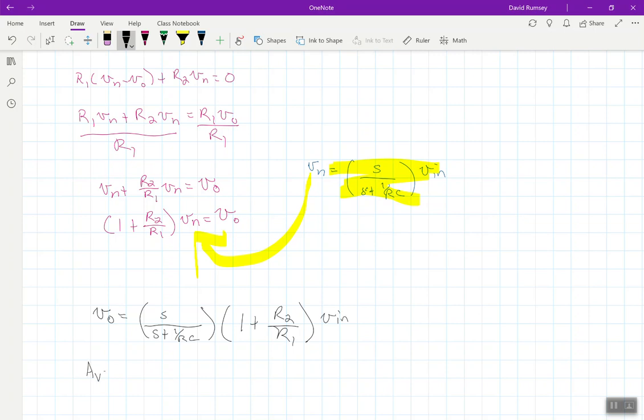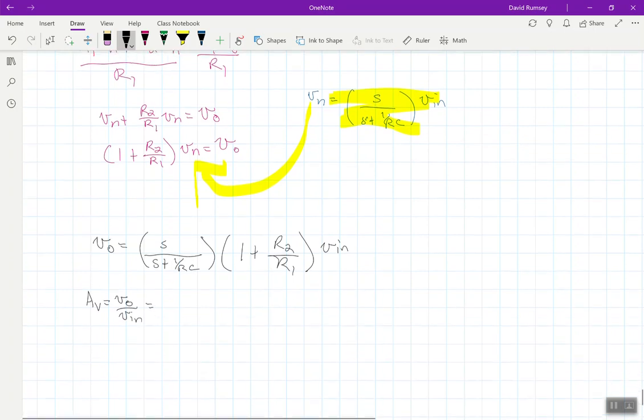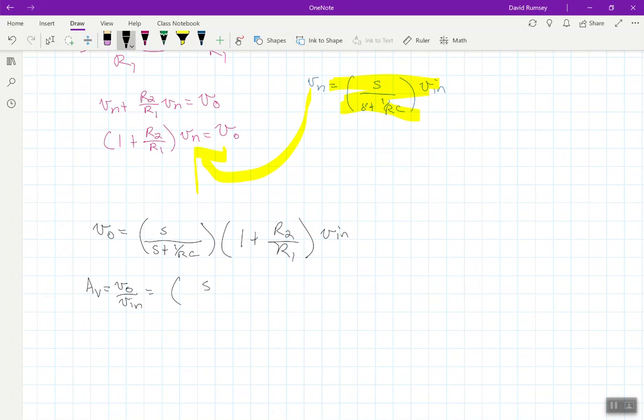So my voltage gain, which is V out over Vin, is equal to S over S plus 1 over RC times (1 plus R2 over R1).